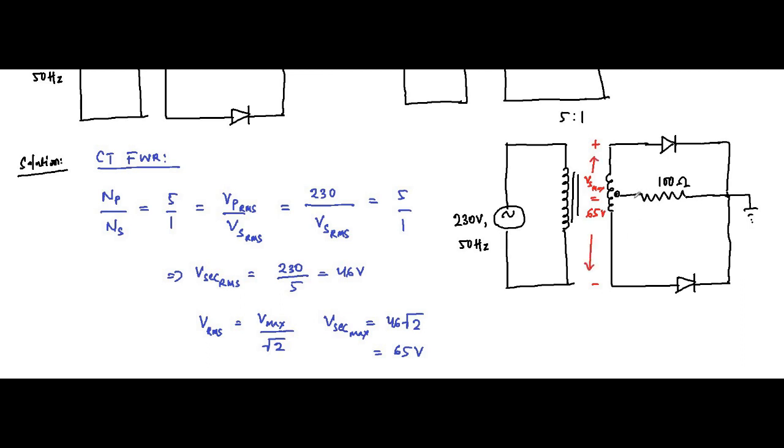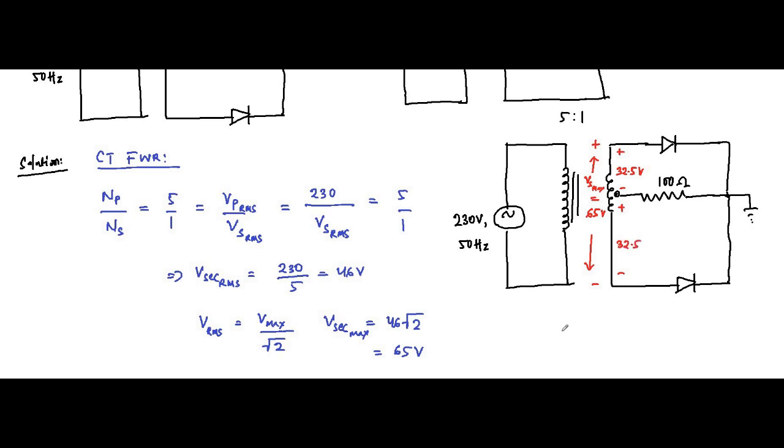Now you know that in center tap rectifier, this maximum secondary winding voltage gets divided equally, in between the center tap point and the other end of the secondary. This equally means 32.5 volt.